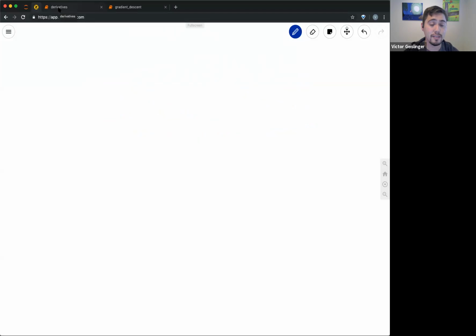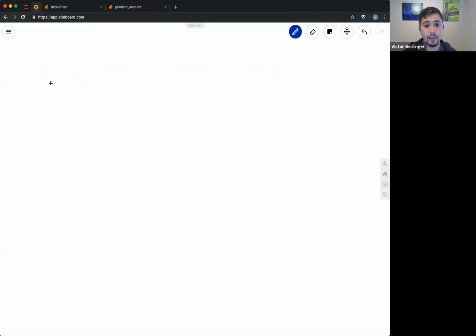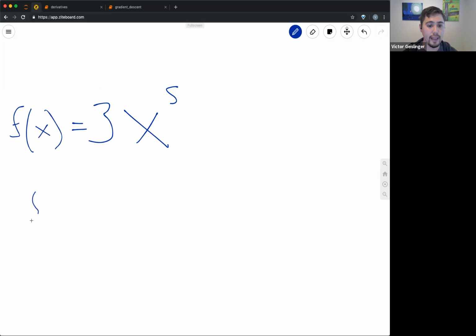Cool. So that's derivatives. Hopefully that's all quick review. That's the power rule, which is the most important thing. And then we can do things like additional terms and coefficients. I'll go through this really quickly. If I have x to the power of 5, and I have something like 3 times x to the power of 5, and I take the derivative of this, I'll write this as f of x, and then f prime of x, which is the derivative.